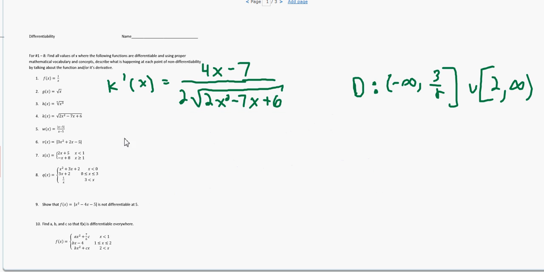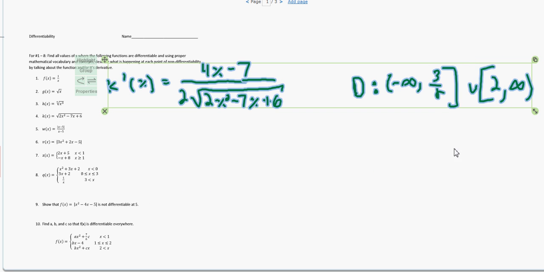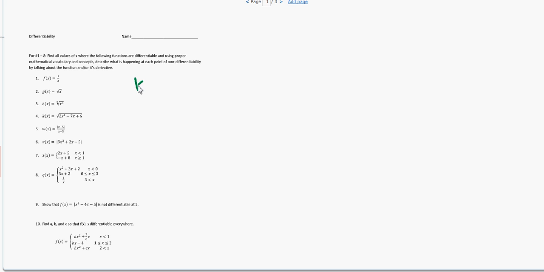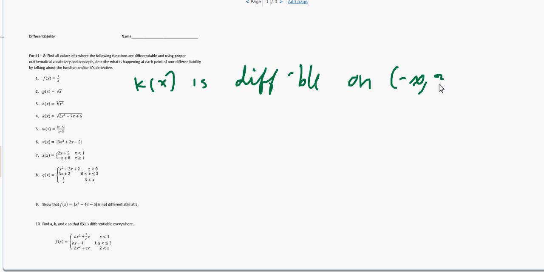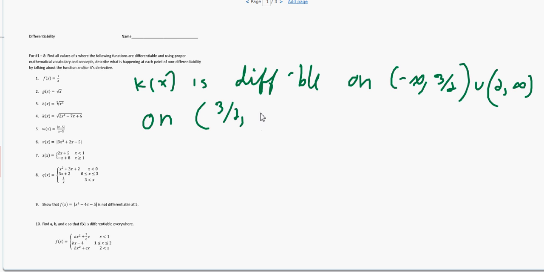So basically what we're going to do is just say, not to get too complicated here, k of x is differentiable on negative infinity to 3 halves, not including, and from 2 to infinity, not inclusive. On 3 halves to 2, k of x is not defined.